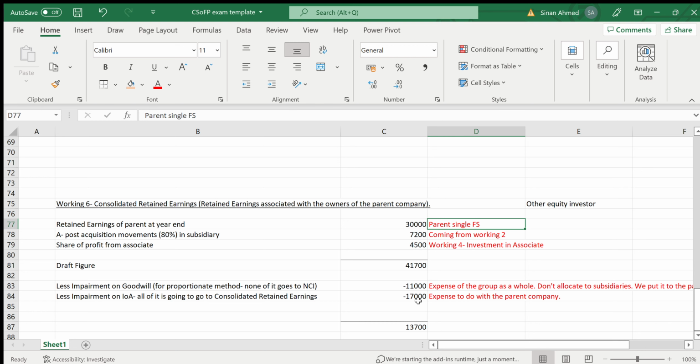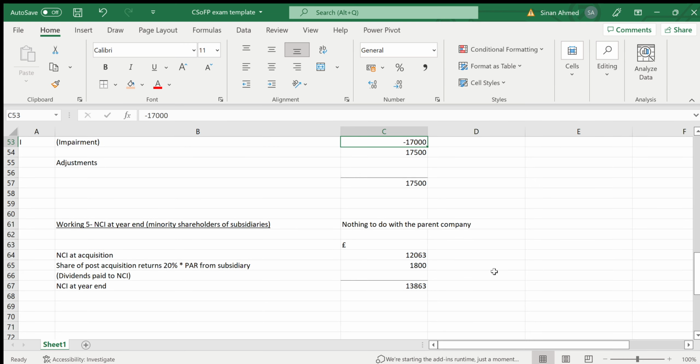And then also you might have impairment of the investment in associate. That's going to go to consolidated retained earnings, which is here, £17,000.